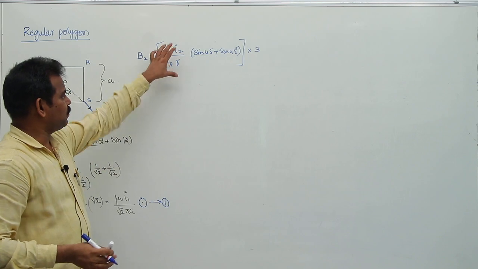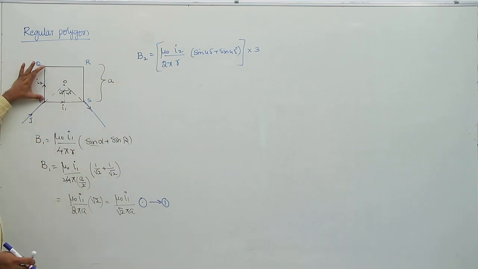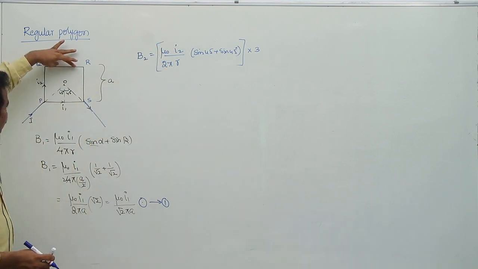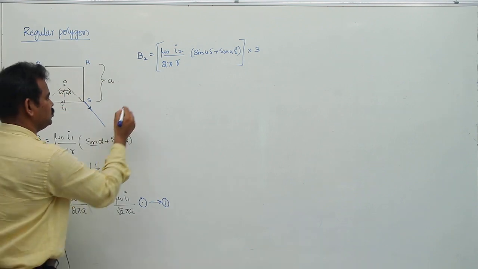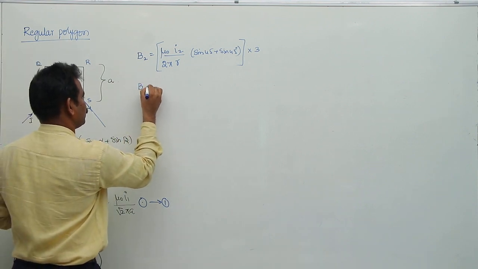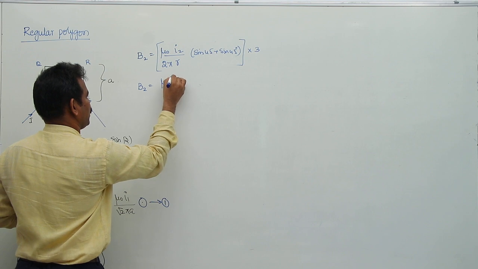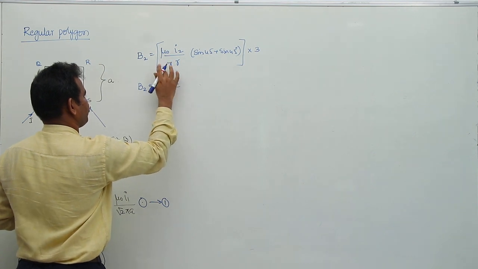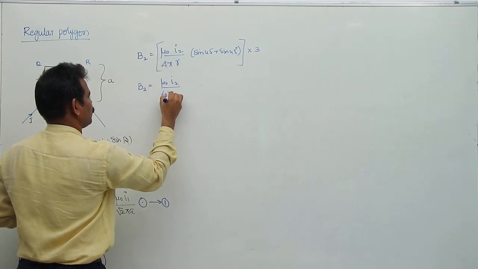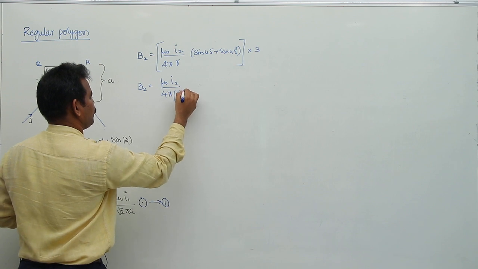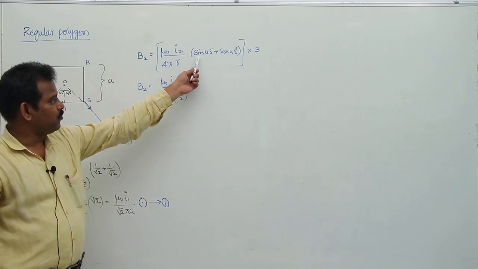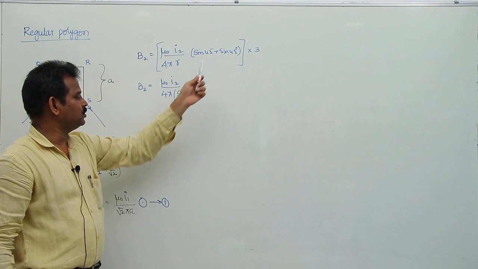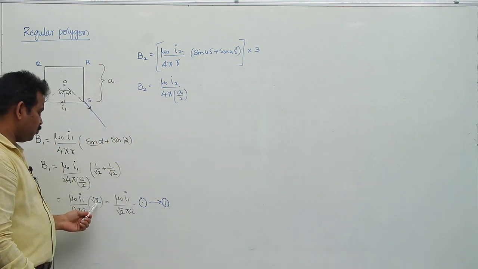Because this is the magnetic field due to one side of the square, but I want to take this side plus this side. So this B2 will become mu naught I2 by 4 pi, A by 2. This is sin 45 plus sin 45, 1 by root 2 plus 1 by root 2. Directly I can write root 2 here.